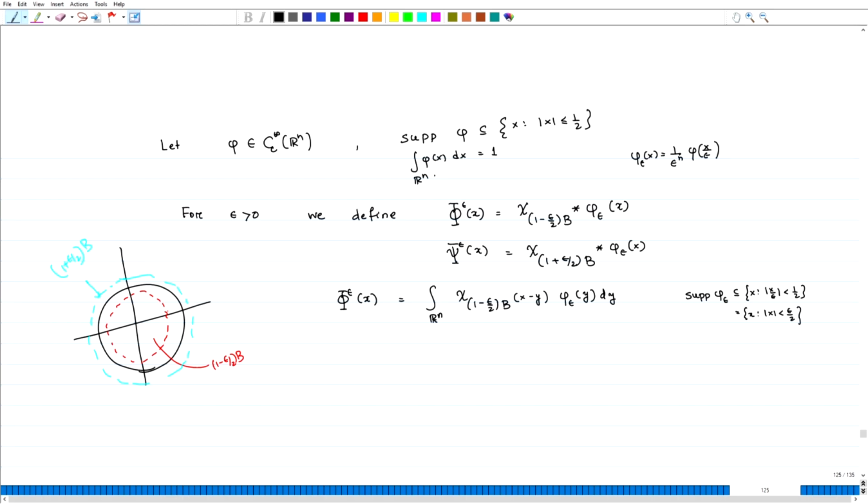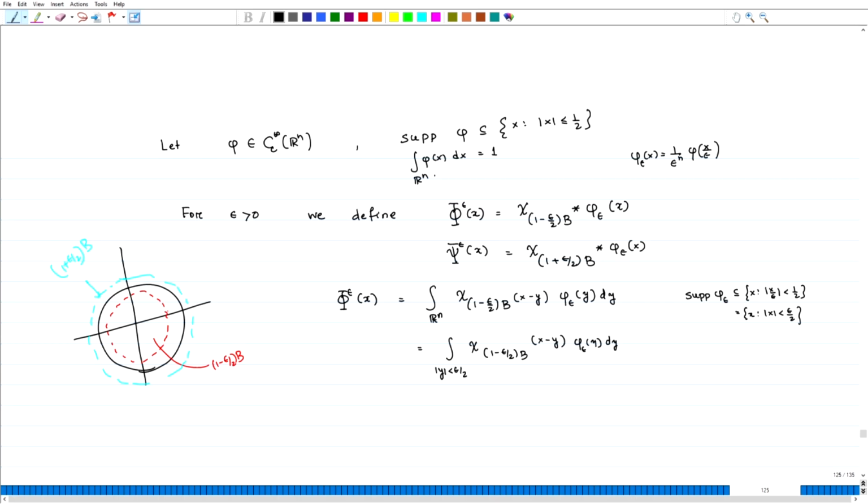That is what the support of phi epsilon is going to be. So this reduces to mod of y less than epsilon by 2, and y has to be here, in chi of the ball of radius (1 minus epsilon) by 2 at x minus y, times phi epsilon of y dy.